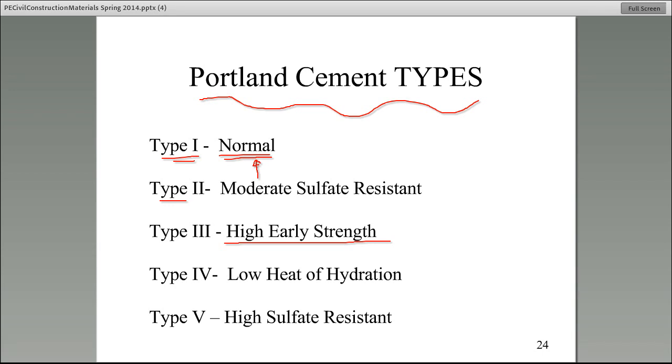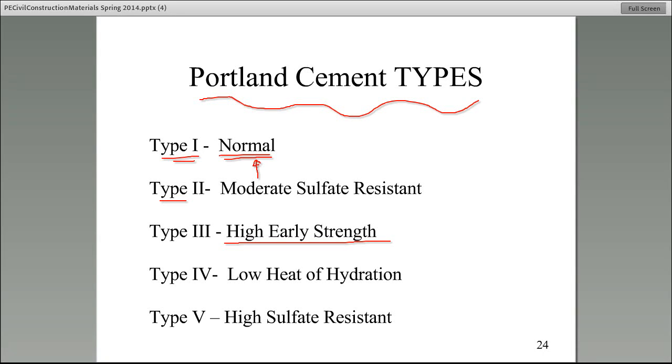When we use cement type 3 or high early strength in the structure, when it comes in contact with water, it gives off a lot of heat early on during the process.